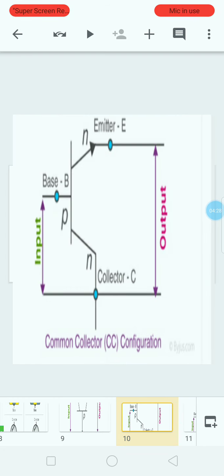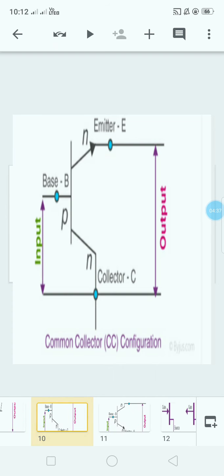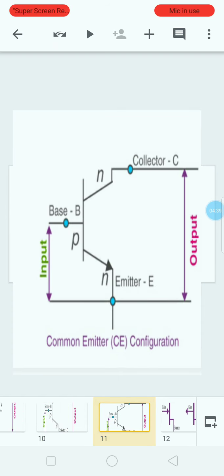In common collector, that is CC configuration, the collector terminal is common between the input and the output terminals. In common emitter, that is CE configuration, the emitter terminal is common between the input and the output terminals.